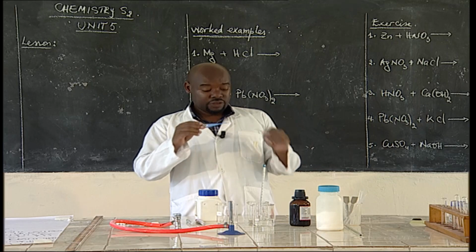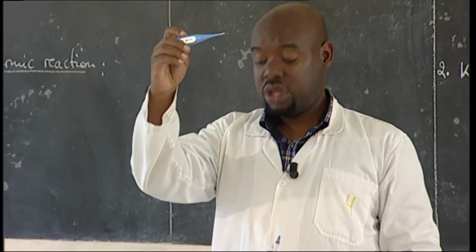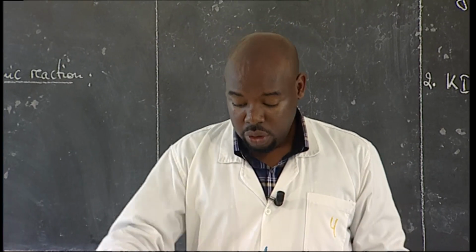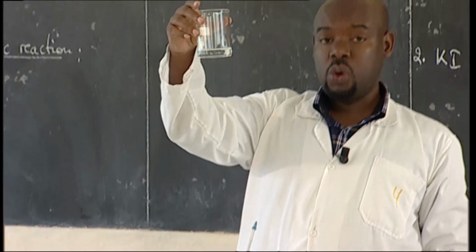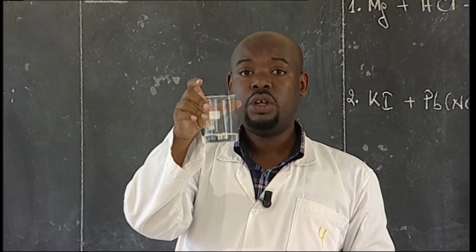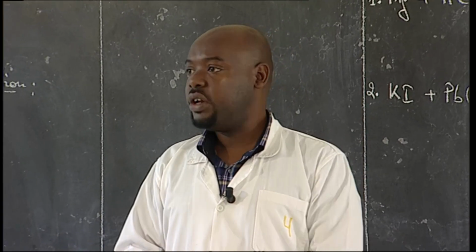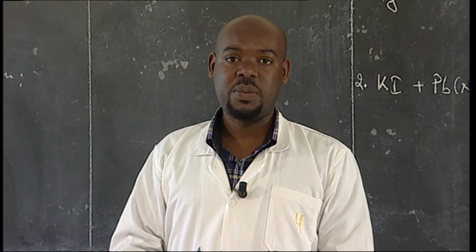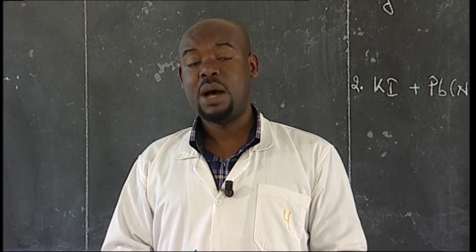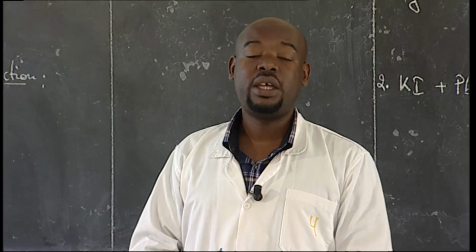We also have, this is the ordinary thermometer, and this is a digital thermometer. We also have water in another beaker, and we will use this water to make a solution of potassium iodide. Potassium iodide is an ionic substance. We will dissolve some potassium iodide in water and measure the temperature to see what happens.